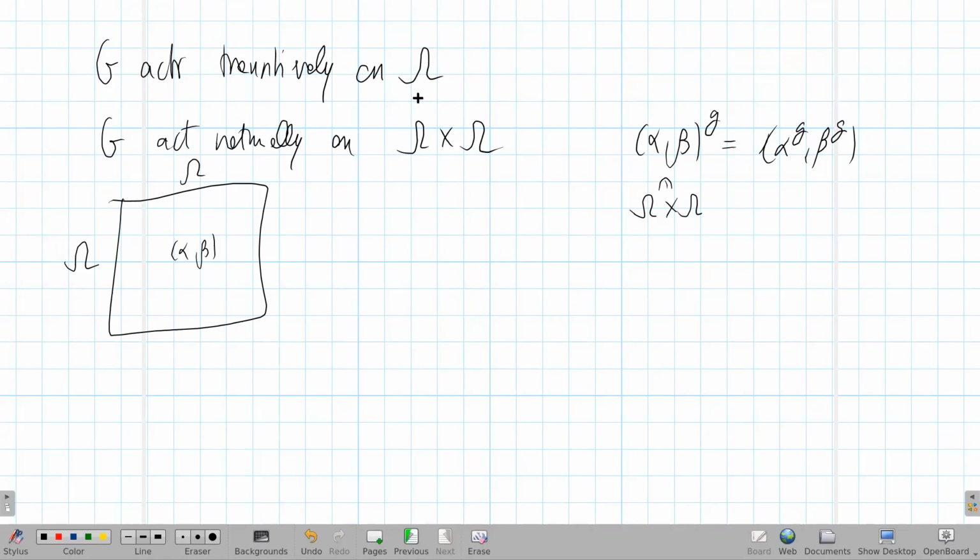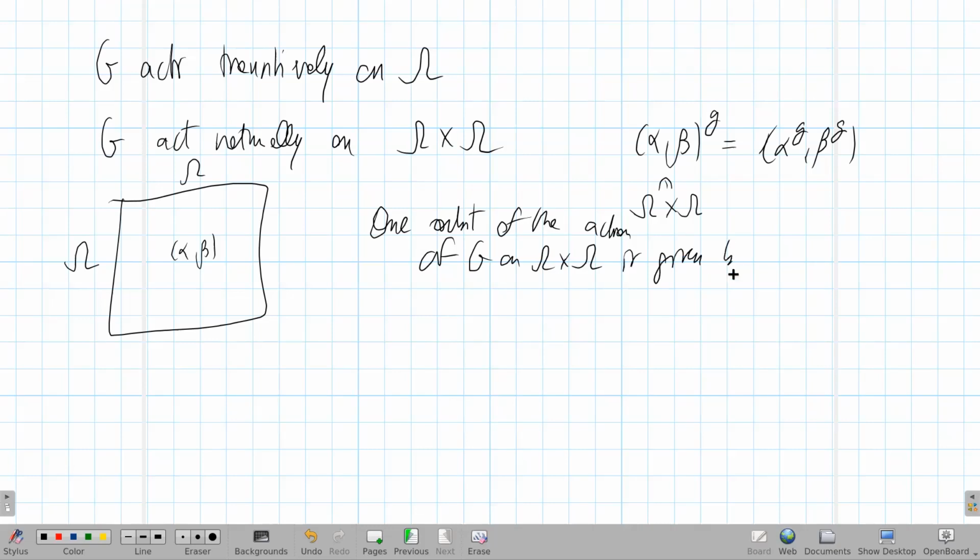And note that if G acts transitively, then one orbit of the action of G on omega times omega is given by the elements (alpha, alpha), simply because since G is transitive, (alpha, alpha)^G will be (alpha^G, alpha^G), an arbitrary element on the diagonal, because you can take alpha to anything.